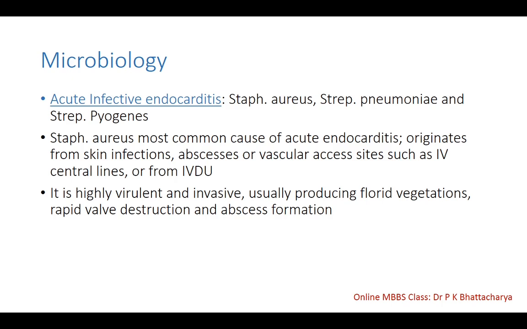Usually, it comes from normal skin, from an abscess, or from vascular access sites like an IV line, or in persons who are intravenous drug users. It is a highly virulent and invasive organism and produces florid vegetations, also occurs in normal valves, and causes rapid destruction of the valves with abscess formation.